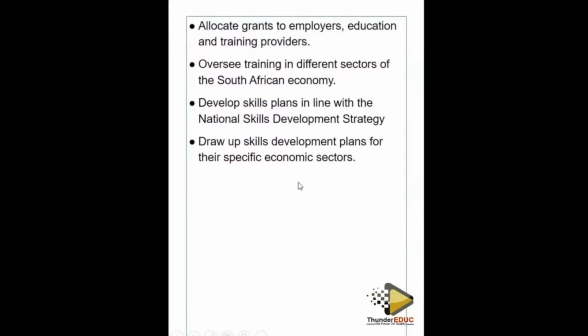This target sector will depend on the province or the municipality, because, as I have already said, in different provinces and different municipalities, people possess a different set of skills.